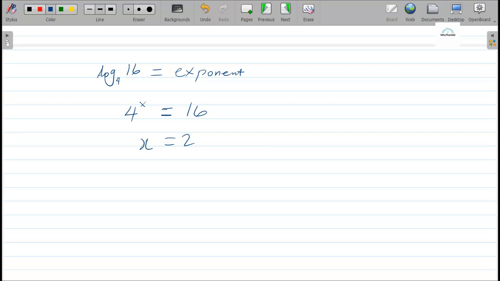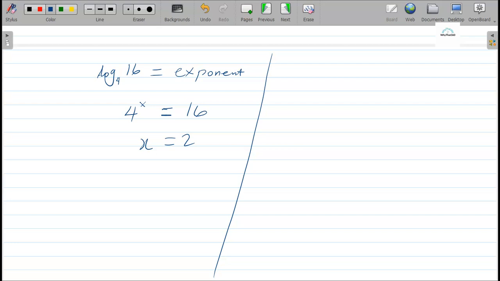There are several questions where the base is what we need to find. The idea is the same.